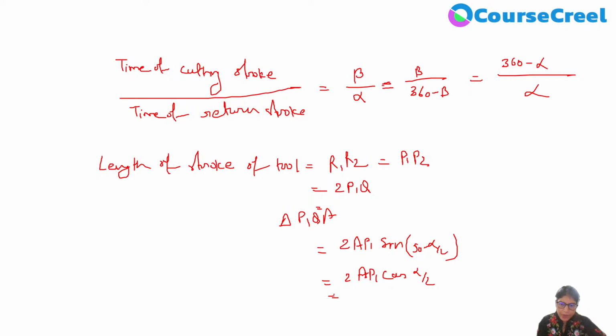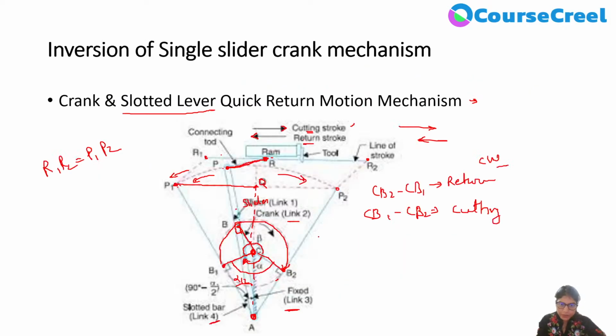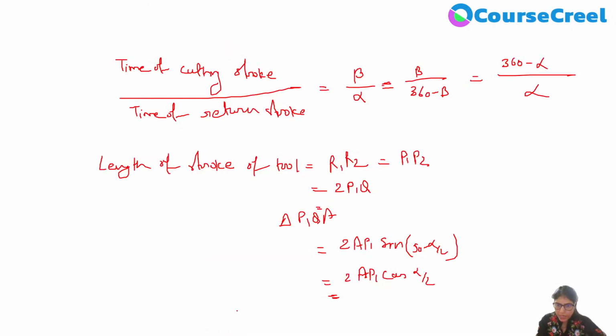We are considering AP only. AP1, AP and AP2. See, you can see this is the path followed by point P. So this is representing the radius only. So AP1, AP and AP2 all are equal. So here 2AP cos alpha by 2. So this is the final term which we can define as the length of stroke of the tool.